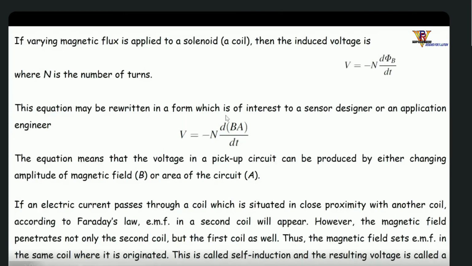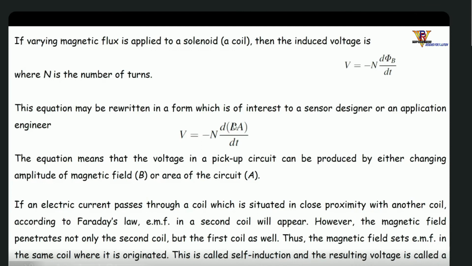So if we have a coil where B is the magnetic field, A is the area, N is the number of turns, and N is fixed, either by changing B, the value of the magnetic field, or by the area, we can have different values of voltage. And if we are able to sense this voltage, we can design a sensor that can sense the magnetic field.